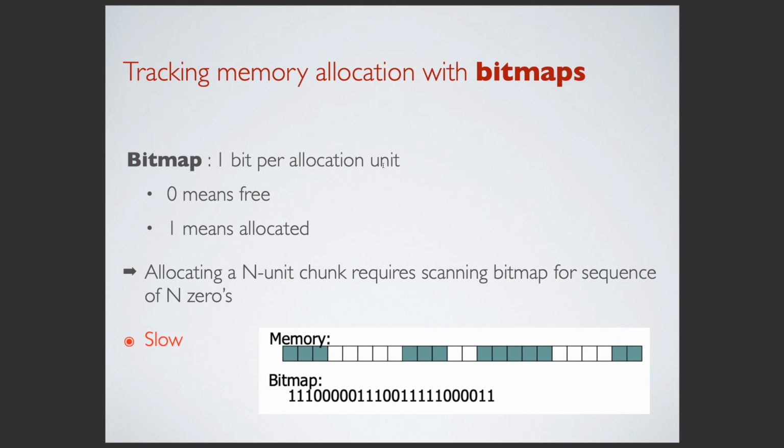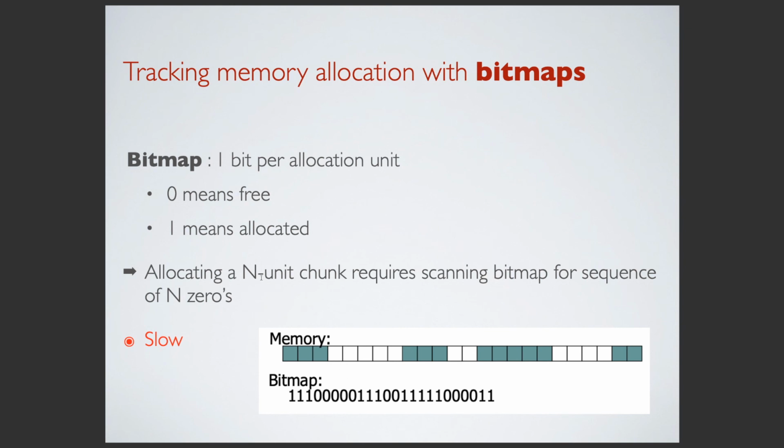But here, if we talk about paging, it's going to be pages. So one bit per page. 0 means it's free. 1 means it's allocated. So if you want to map the entire memory, you can have something like this, and then you will need 1 bit per page.